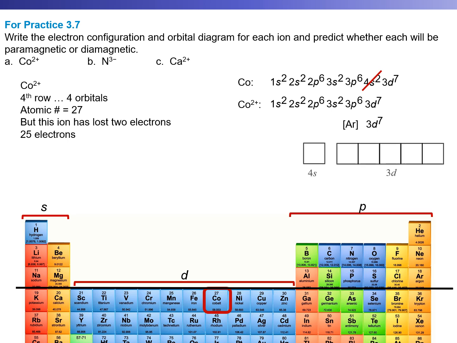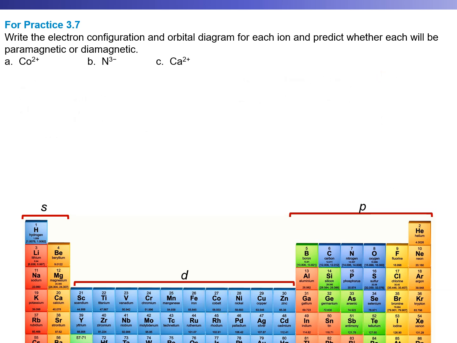So if we're going to do the orbital diagram for this, we're not going to put anything in 4s, but we're going to fill the 3d with our 7 electrons. So we do the kids on the bus rule, where we fill the squares singly first, and then we come back and then we add the last 2. And that's what our orbital diagram looks like. Now, based upon this, we can make the determination whether it is paramagnetic or diamagnetic, and this one is going to be paramagnetic.